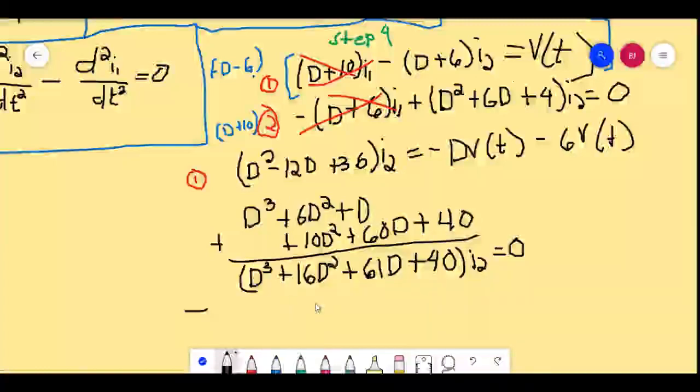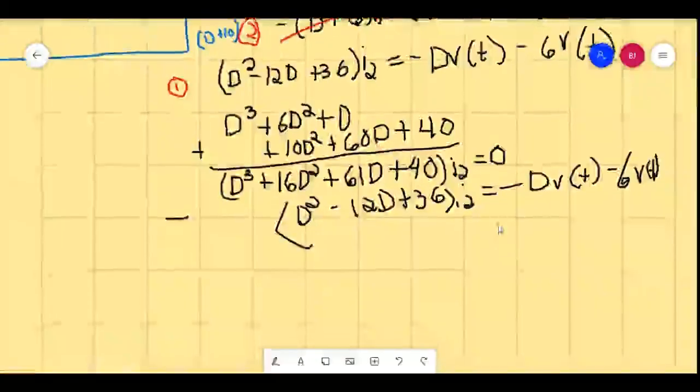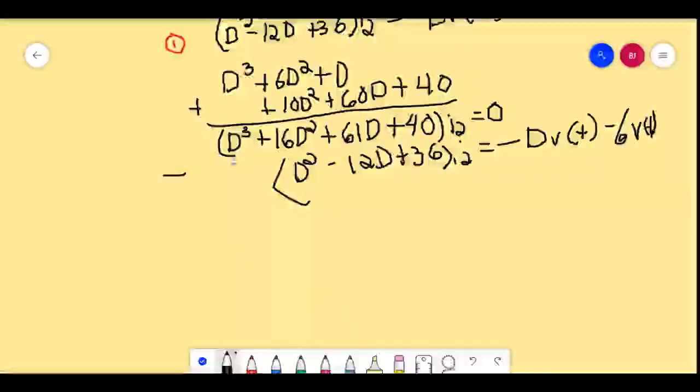this with this. Okay? So minus, I'll be writing here, d squared minus 12d plus 36 I2, negative d v(t) minus 6 v(t). So we'll be subtracting this now.